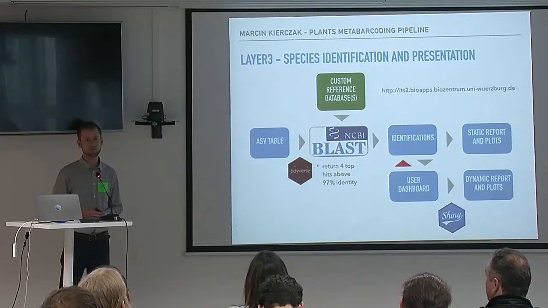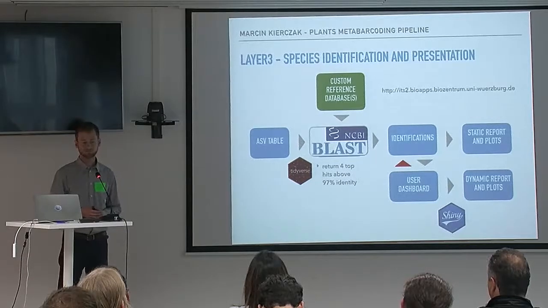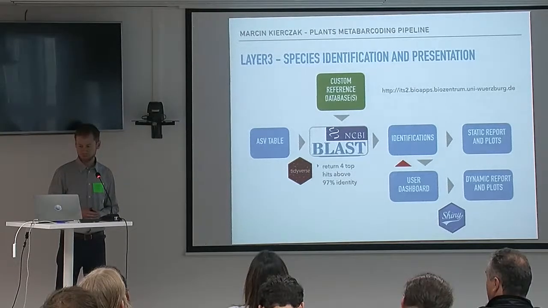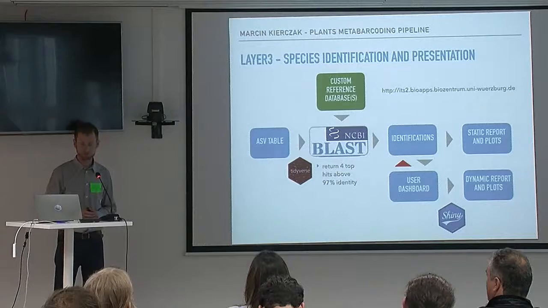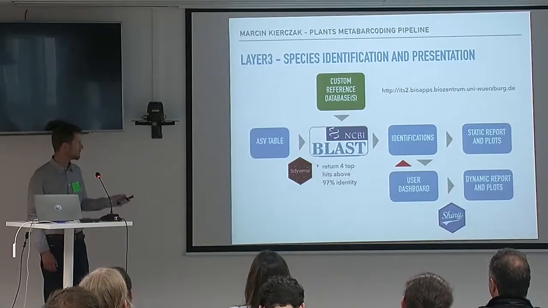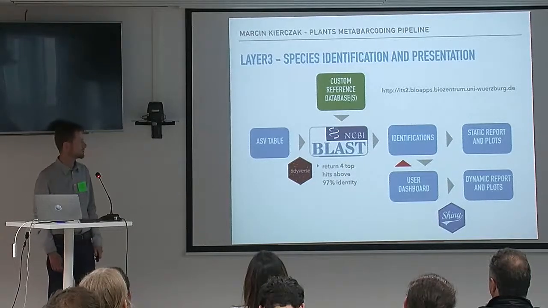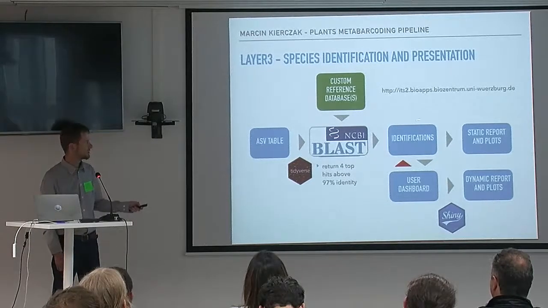It is a manually curated database that is compiled from different sources. But we have found some issues and challenges there, so we are actually trying to improve this. And then for each and every amplicon sequence variant, we are returning 4 top BLAST hits above 97% identity.